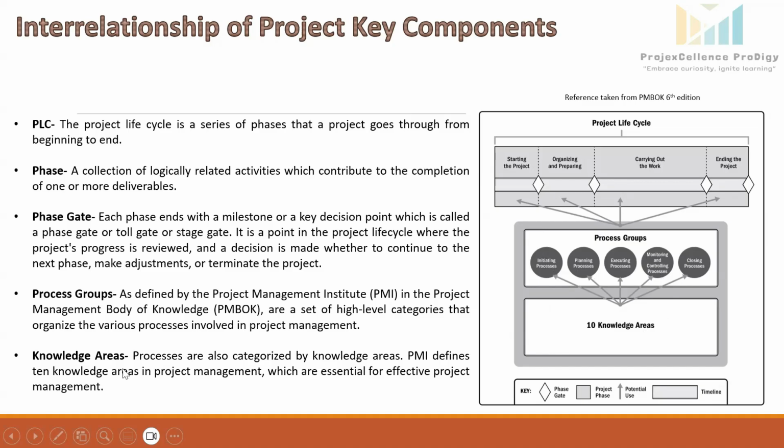Knowledge areas, 10 knowledge areas. These are 10 key areas defined by the PMI that cover different aspects of project management. They include things like time, cost, quality management, and are essential for successful project management.